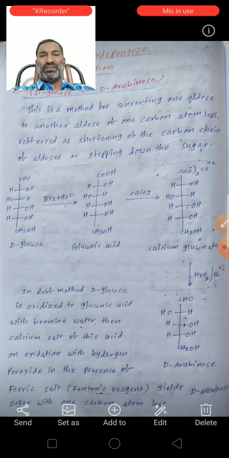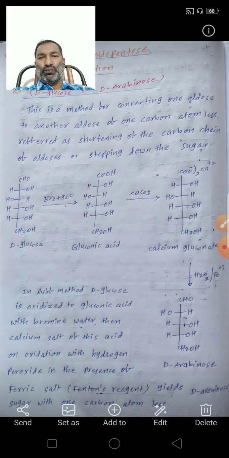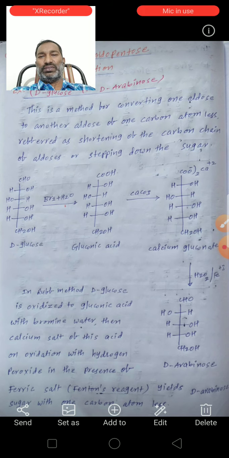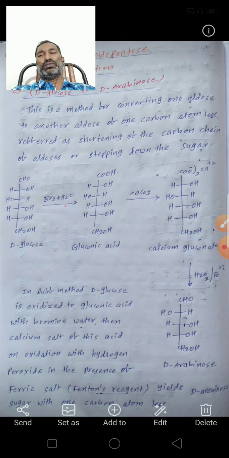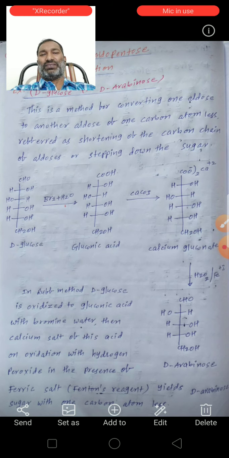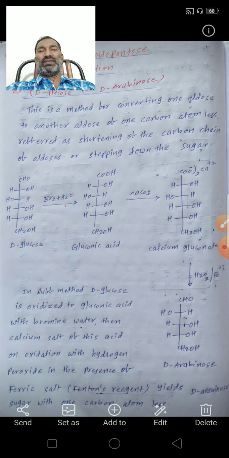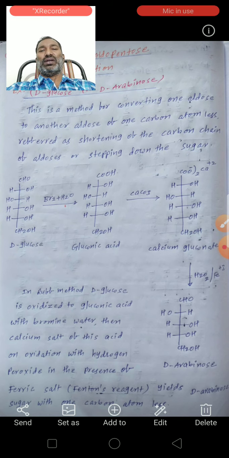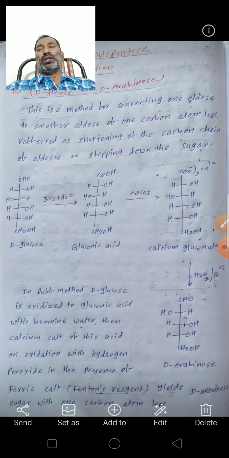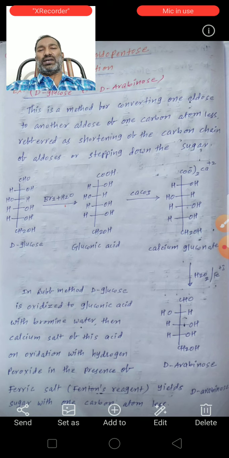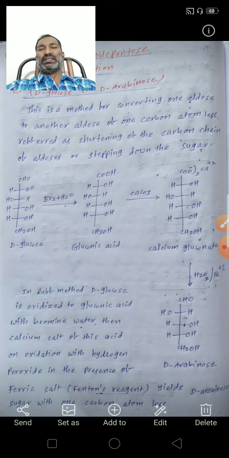This is a method for converting one aldose to another aldose of one carbon atom less, referred to as shortening of the carbon chain of aldoses, or stepping down the sugar, that means it decreases one carbon atom.